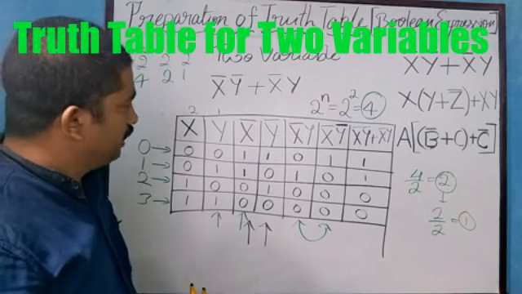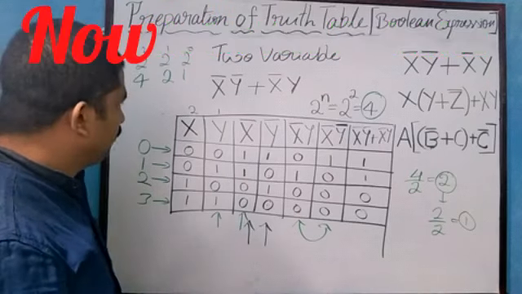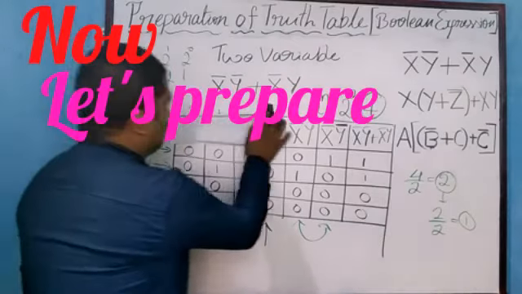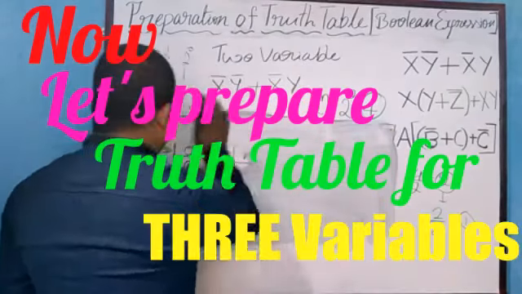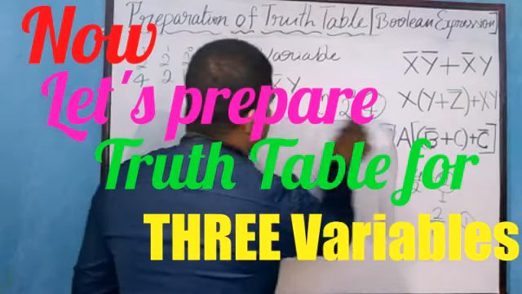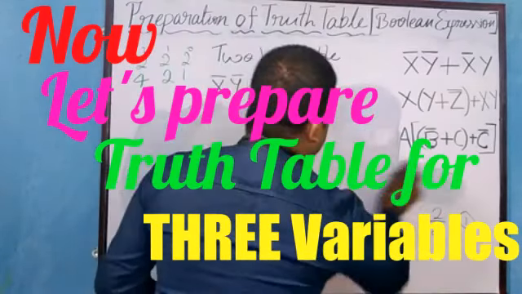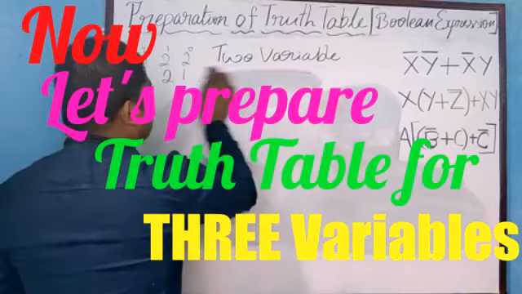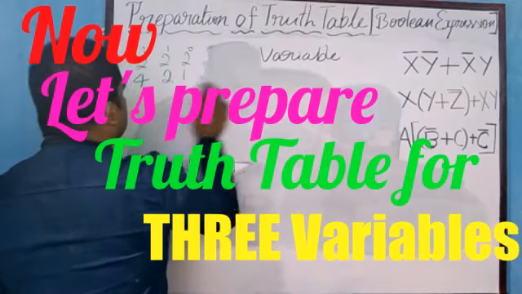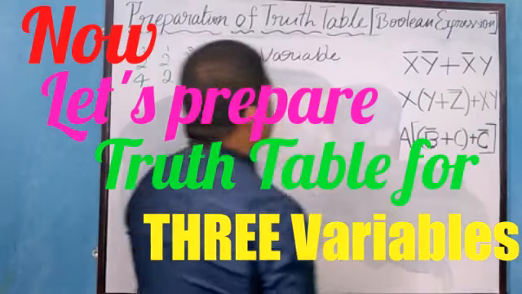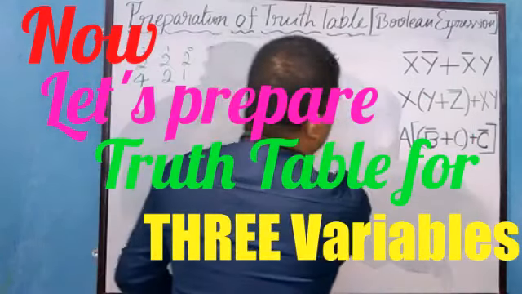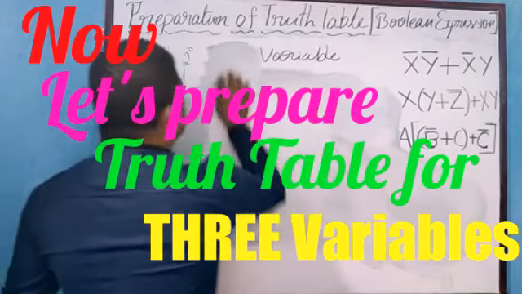So next we shall see how to prepare a truth table for three variables. For three variables, you have to proceed in the same manner. In these expressions we have the second one or the third one.